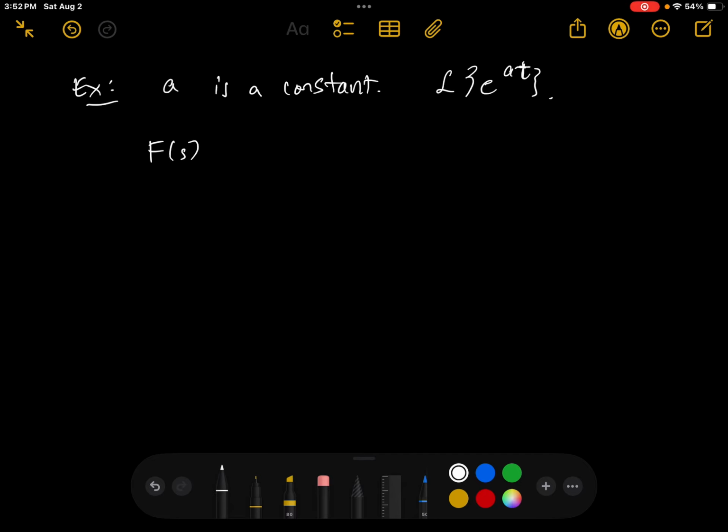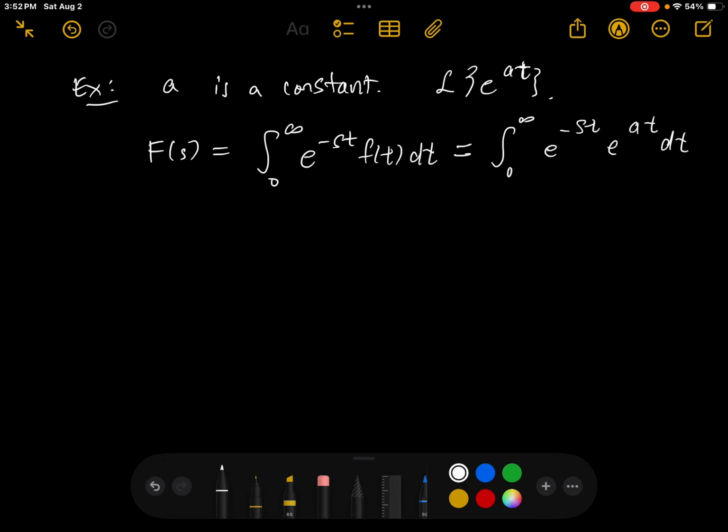Capital F of s is the integral from 0 to infinity of e to the minus st times f of t dt. And our f of t is e to the at, so this is going to be the integral from 0 to infinity of e to the minus st times e to the at dt. And we have to evaluate this integral.